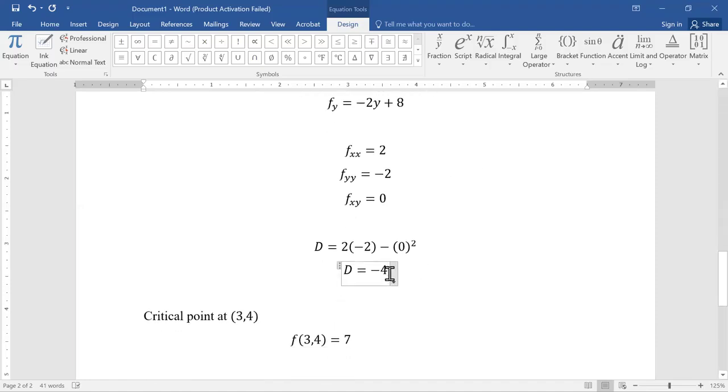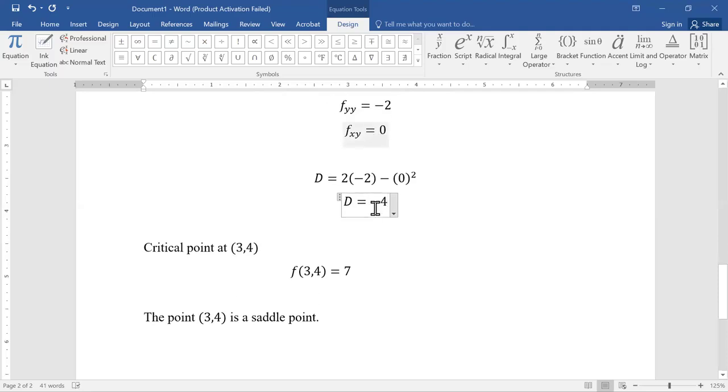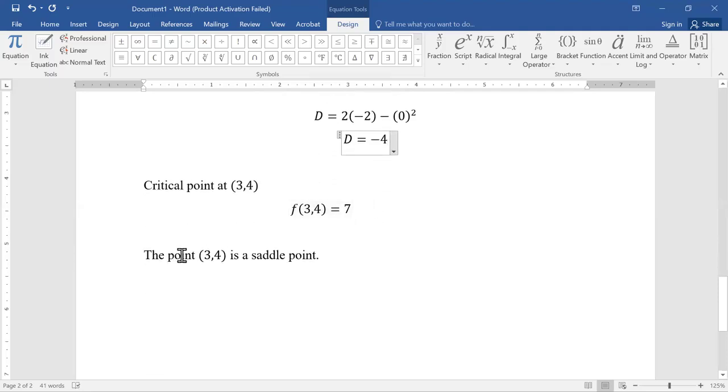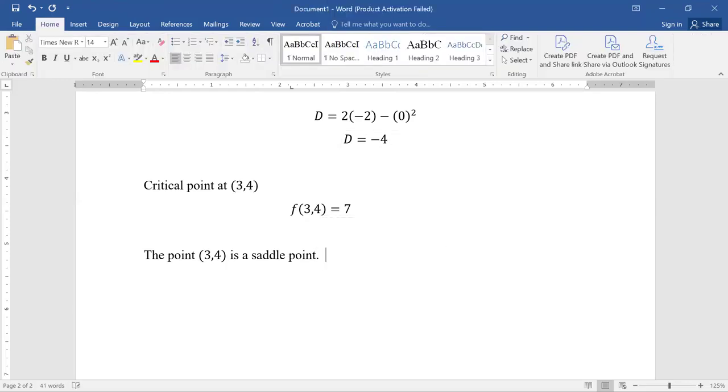D being negative meant that my critical point, when I plug in the critical point, obviously these are constants, so you're going to get those exact numbers. But D being negative means the critical point is a saddle point.